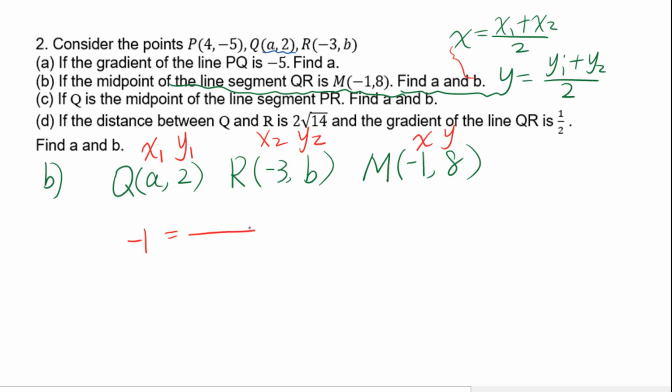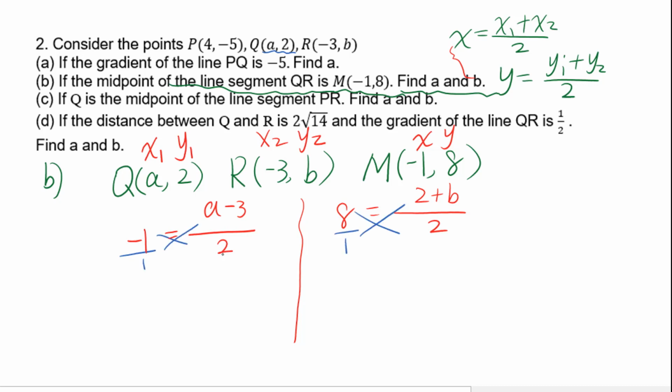-1 equals a plus -3, which is a minus 3, over 2. For y, you will get 8 equals 2 plus b over 2. Then you can cross multiply. -1 times 2 is -2 equals 1 times (a minus 3), that's a minus 3.